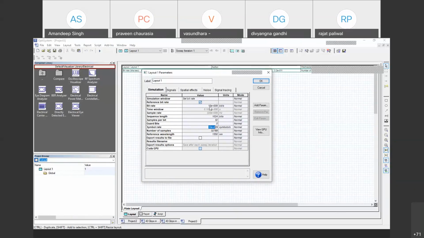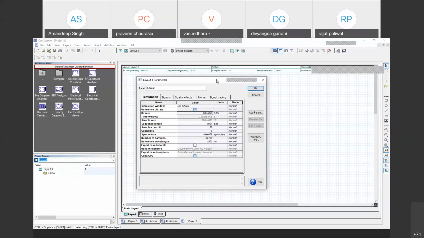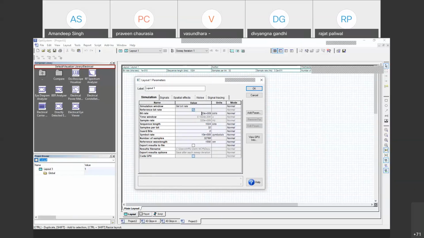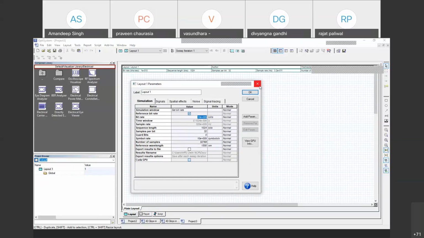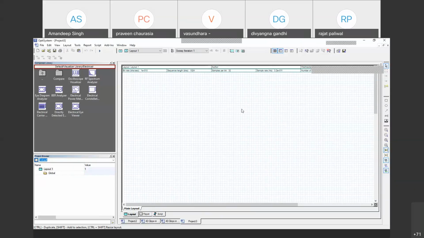You can change it as well, but for the lowest values, if you want to use this, it may give you a result, it may not. If you go a little lower for these parameters, you may get the result. Same thing with sequence length and samples per bit.